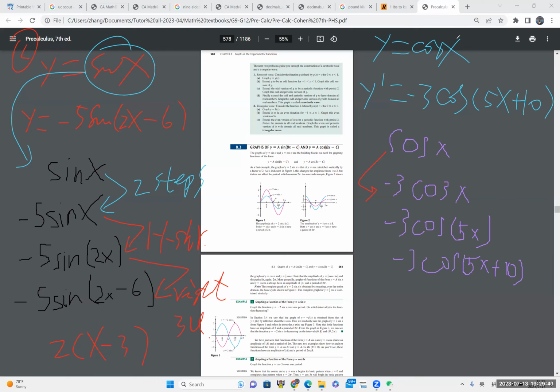I mean, wait, no, it's not vertically. It's horizontally. Okay, by here 1. You have one more step. That means reflect by the x-axis.